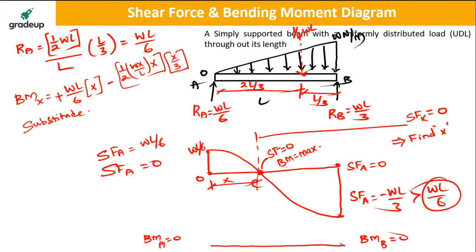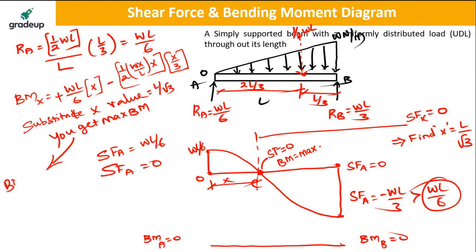Substitute the x value, you get the maximum bending moment. So here x is equal to L by root 3, and when I substitute x equal to L by root 3, the value of the maximum bending moment is equal to WL square divided by 9 root 3.